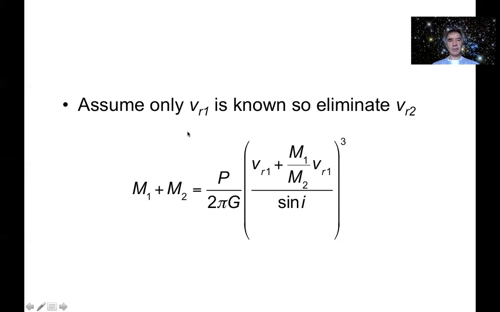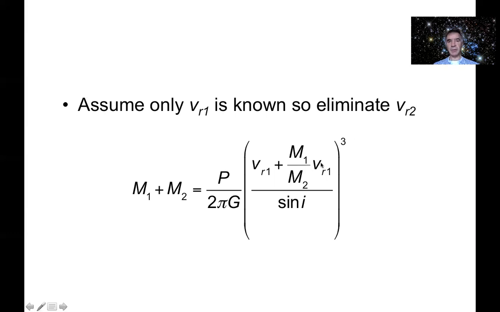So let's assume that we can only see star 1. We know what VR1 is from the same kind of data as before. So we've got a radial velocity curve, but only one star on it, and we don't know what VR2 is. Okay, so let's carry on. Again, this will look a bit complicated, but try and bear with it. We need to eliminate VR2, eliminate the unknowns in terms of things that we know.